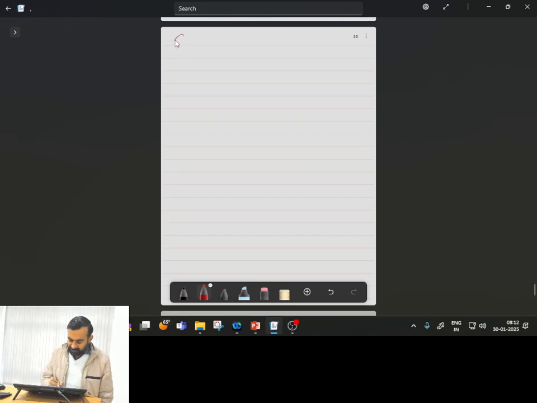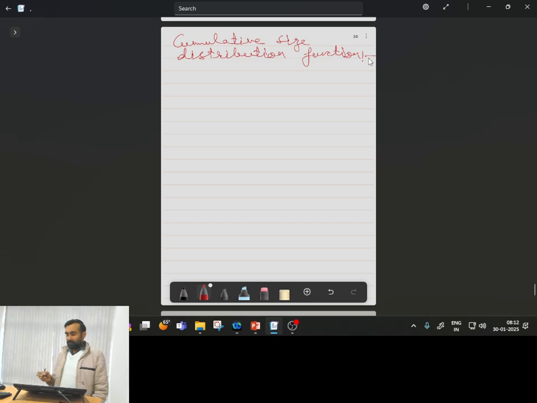One more similar function is called the cumulative size distribution function. Can you tell me what will be there in the cumulative size distribution function? For example, if I defined earlier n of f as my size distribution function, in the case of the cumulative size distribution function I will be considering integration from 0 to f of n of f df.